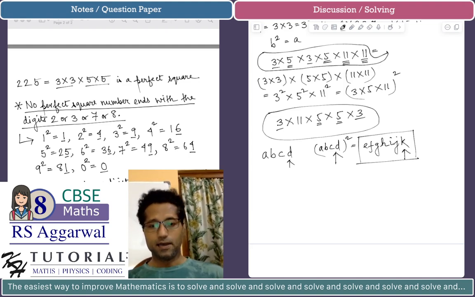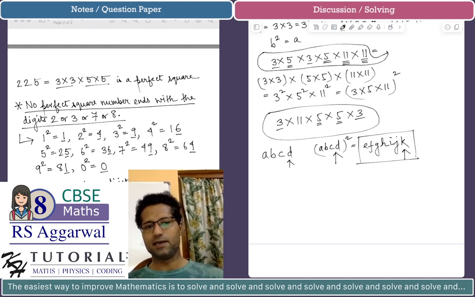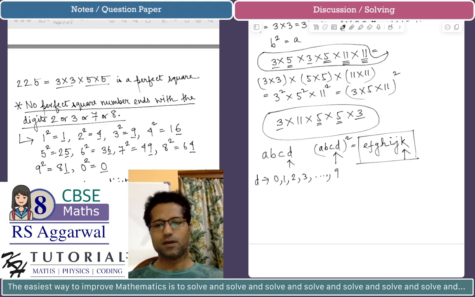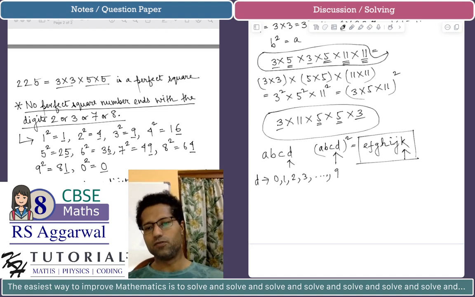And as I said, this K can never be the digits 2, 3, 7 or 8. Now why? In any number ABCD, the digit at the units place, in this case D, can only be 0, 1, 2, 3, like this up to 9. So we know there are 10 digits.